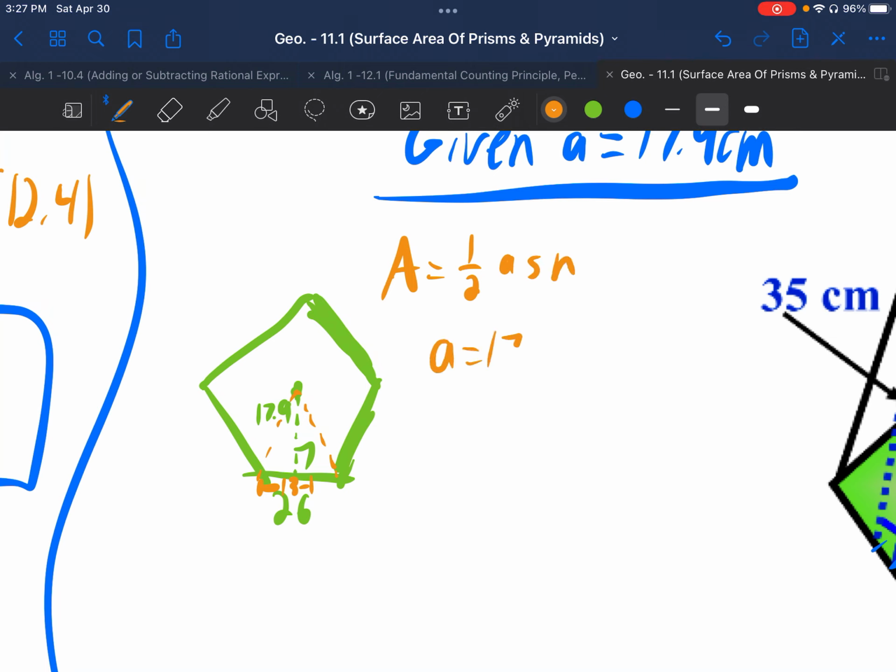We know the apothem is 17.9. We actually know the side length to be 26 already. And we know the number of sides to be 5. So we actually didn't need to draw that triangle, but it can be helpful to still draw this pentagon off the side so we can realize what we're dealing with.